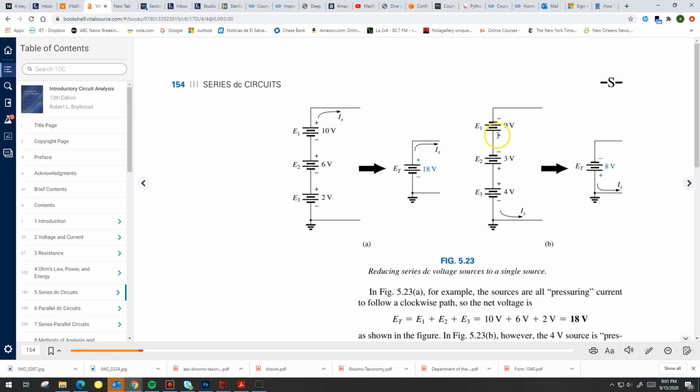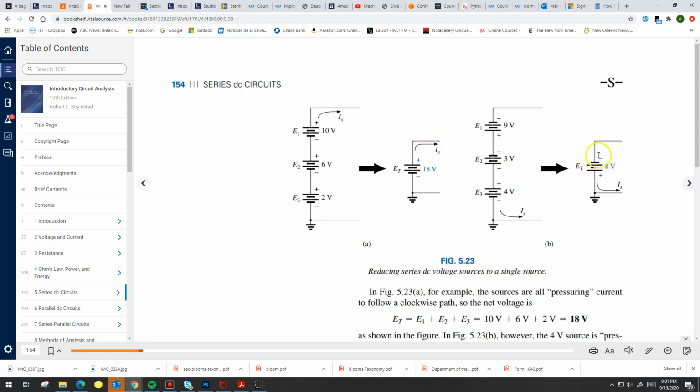And then as I go up to the top, I have another drop of 9 volts. So I have a gain of 4, a drop of 3, and a drop of 9. So I go 4 minus 3 minus 9, right? Minus 3 minus 9 is minus 12, plus 4 is minus 8. So you have a total of 8 volts with the polarity indicated.